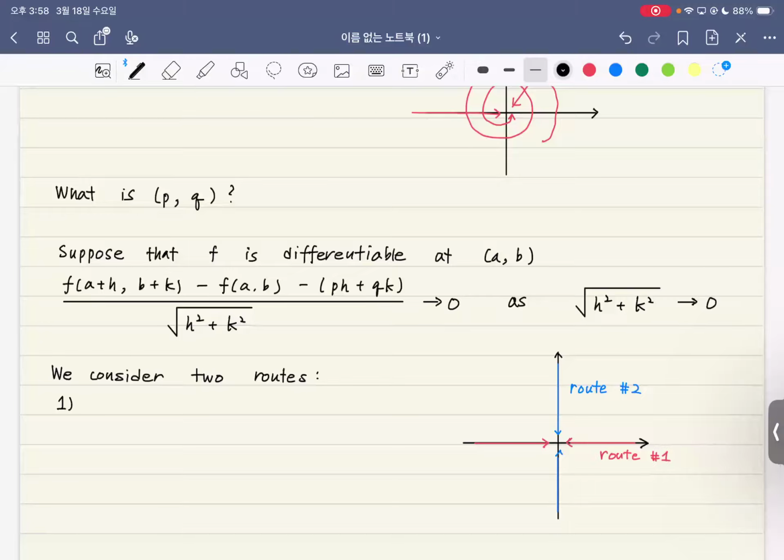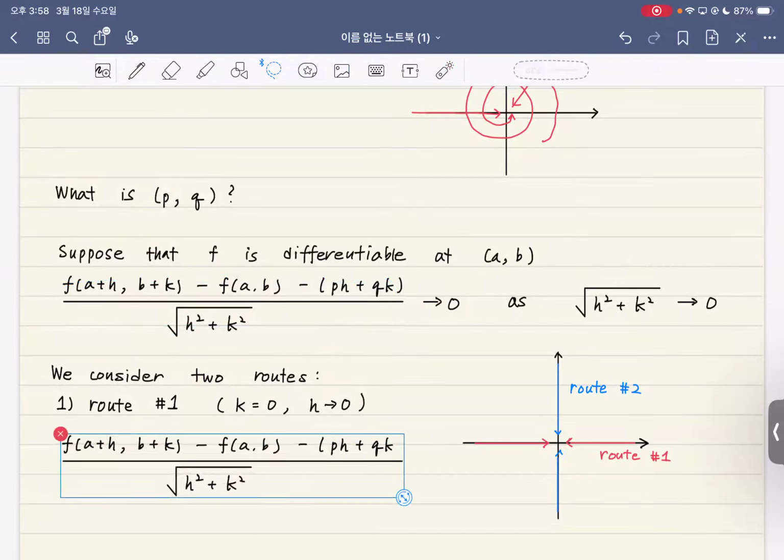Now we are going to see what happens if we follow route number 1. Route number 1 is following the x-axis. In other words, this route can be characterized by setting k equal to 0 and h tending to 0. Even under this assumption, this limit should be 0.